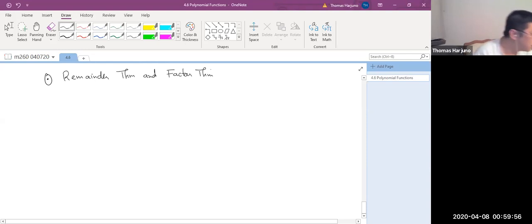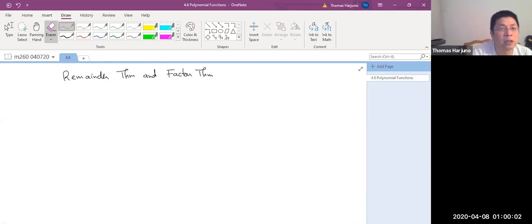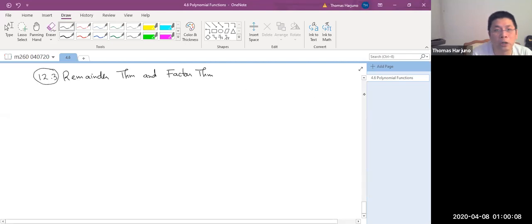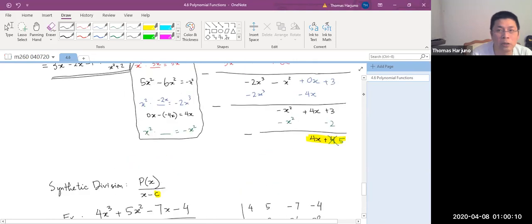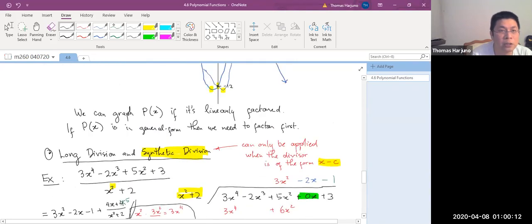In fact, if I take a look in our book, this is actually 12.3. And what we did earlier, long division, synthetic division, this is actually 12.2.